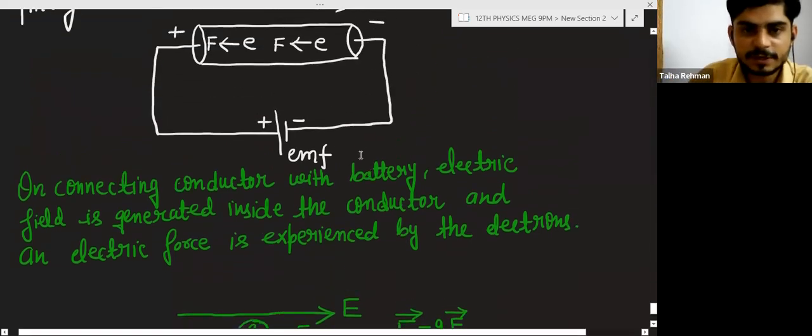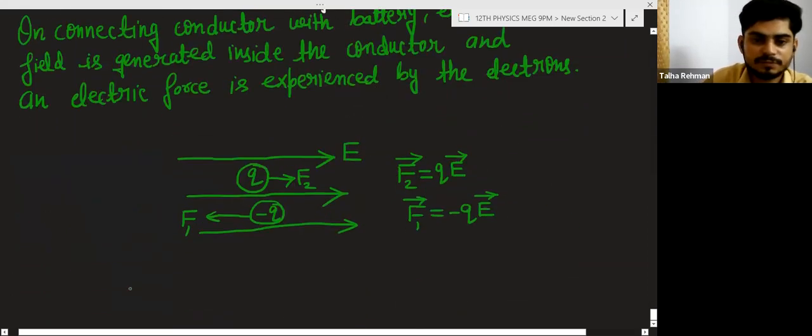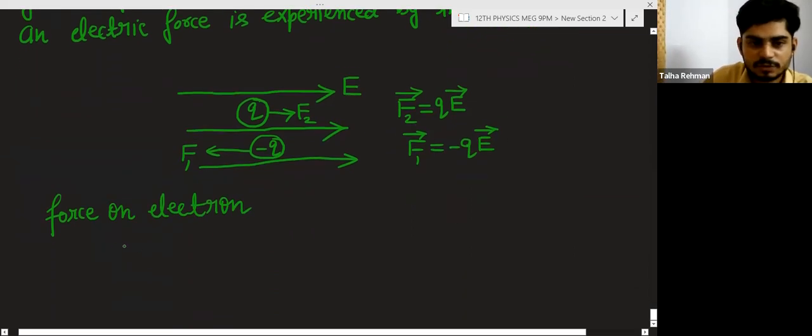So now see here, here is the electron in this electric field. Here is some electric field, and here is the electron. So the force on electron in the vector form, because electron is negatively charged. So F is the force on electron.